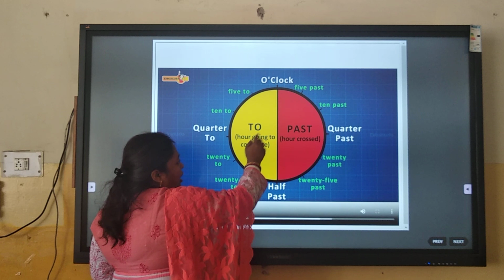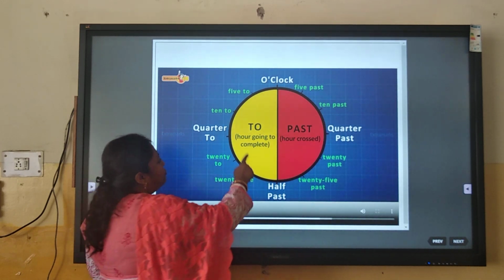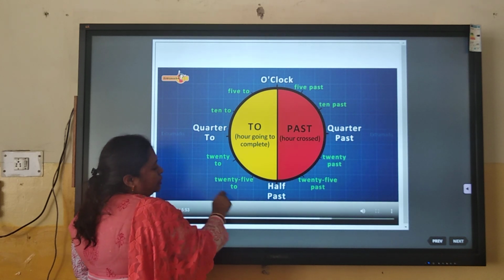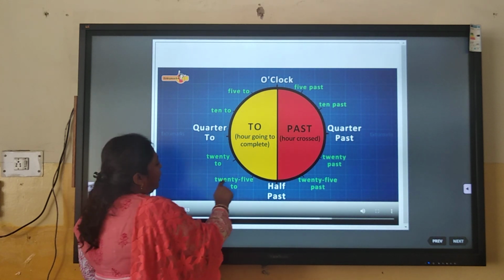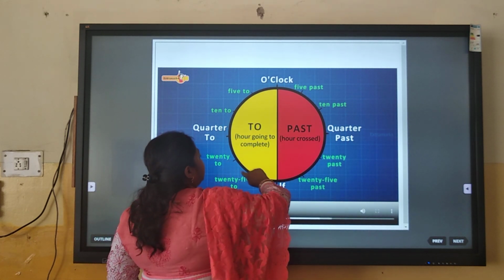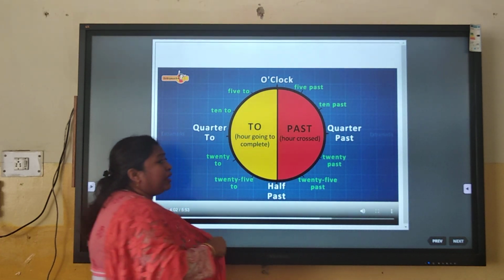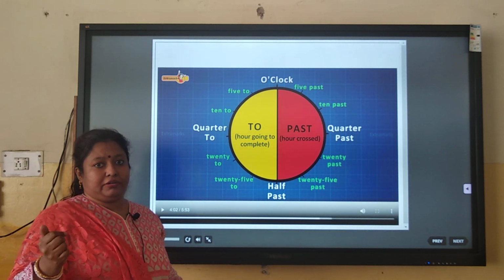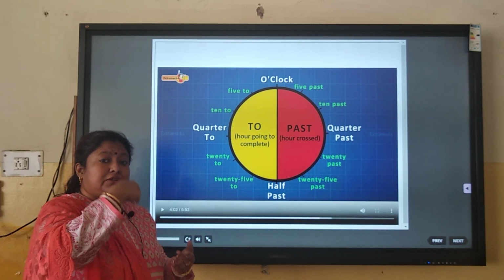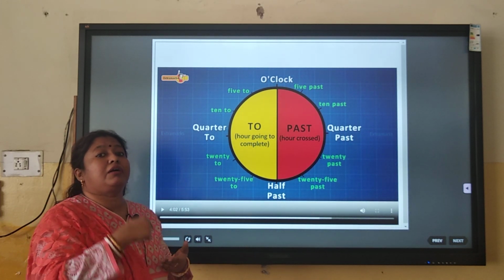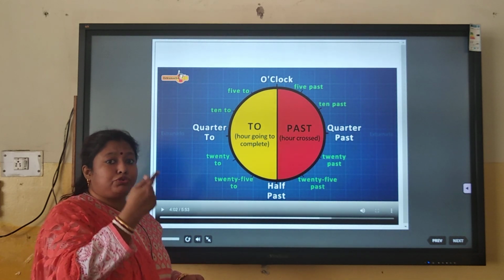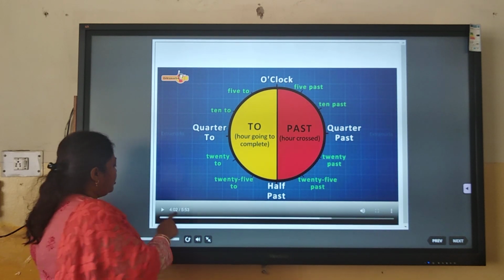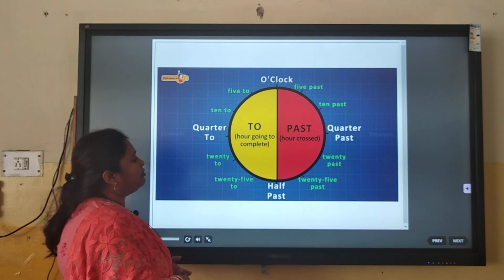The next half, the left hand side half, is called the to half, because here we are writing to with the given number. Okay, so this timing, when we write in words, we will write to the next hour. Which next number the hour hand is about to reach, that is the next hour. Got it, children?